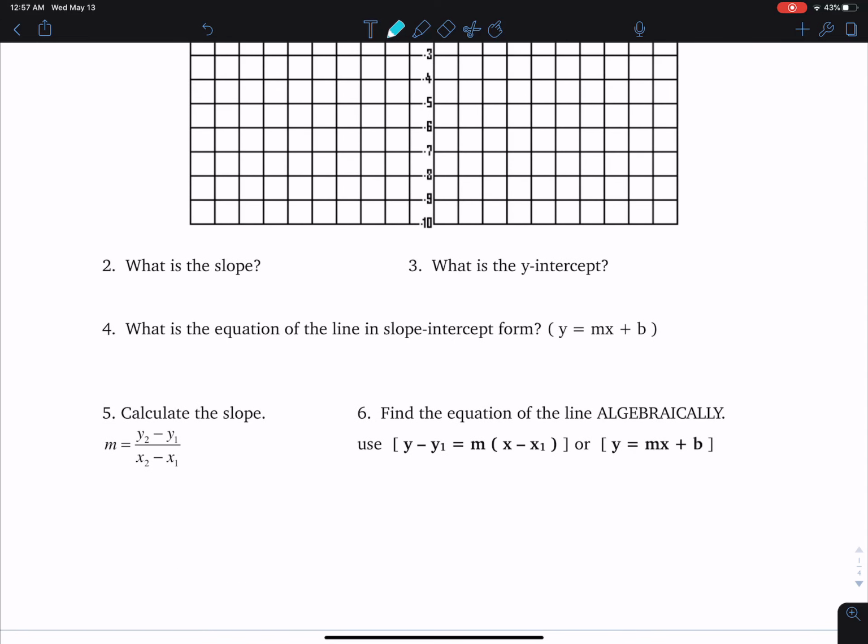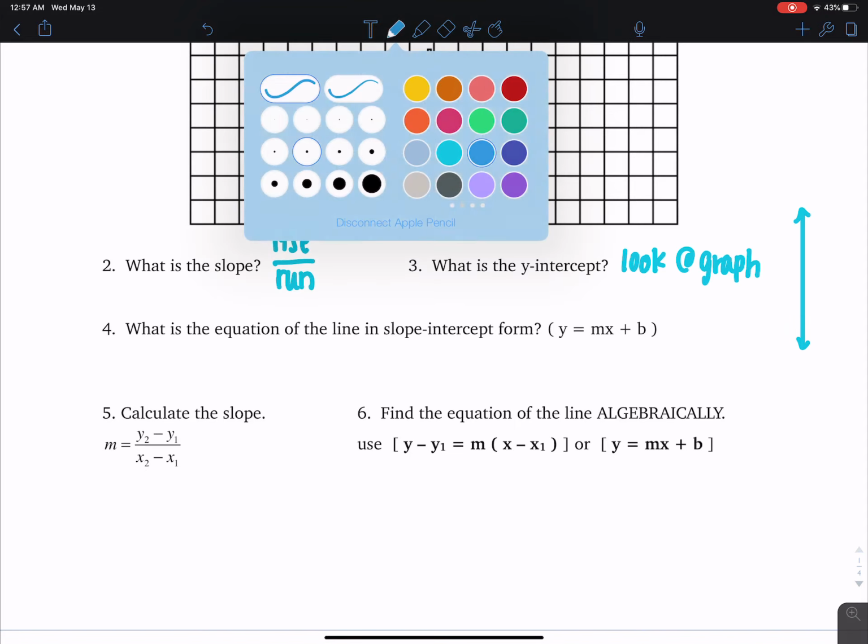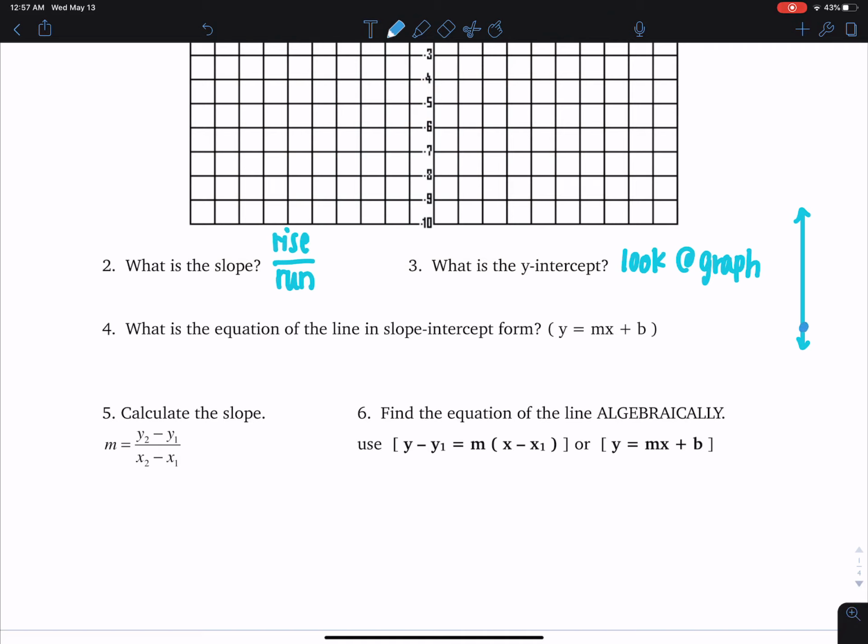You can find the rise over the run to figure out what your slope is. You can look at your graph to see where this line crosses the y-axis. Remember, it's your vertical axis. So we want to know where this line crosses on the vertical axis. You're going to calculate the slope algebraically, so make sure that you show your work here.